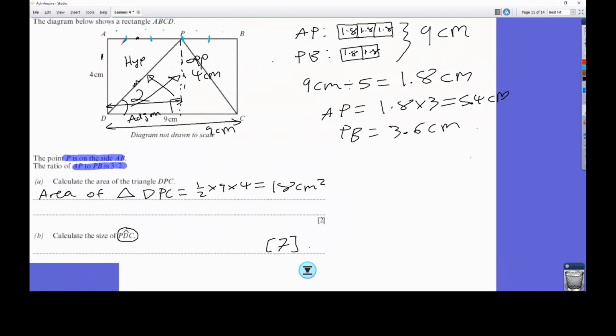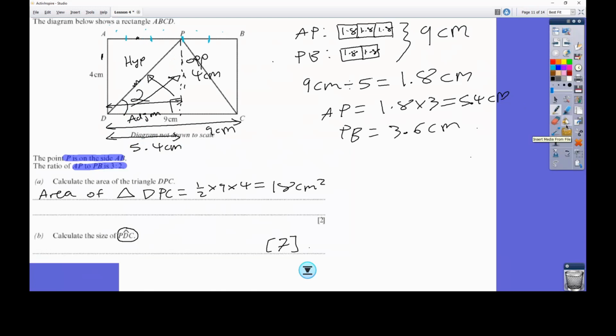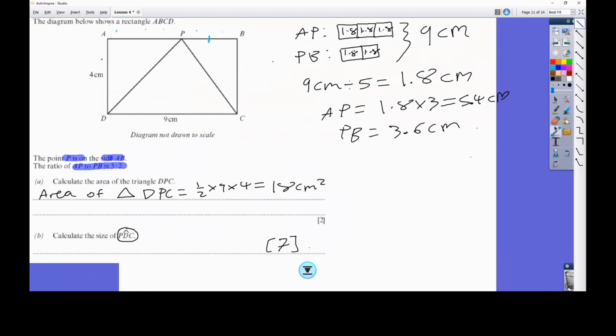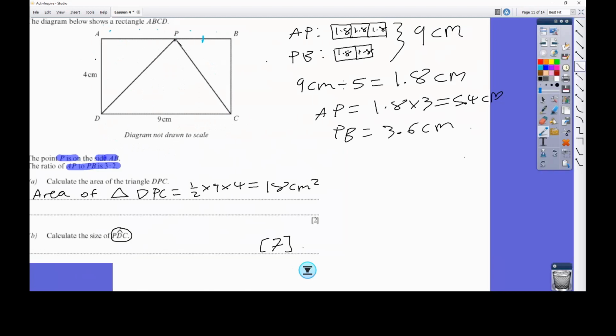So now I know AP. So I can say that the adjacent, which is the same as AP because it's parallel to it and it's within a rectangle, is 5.4 centimeters. Let's clean up this diagram a little bit because it's a bit messy now. So we have dotted lines.